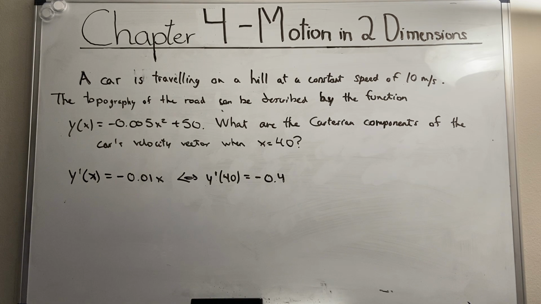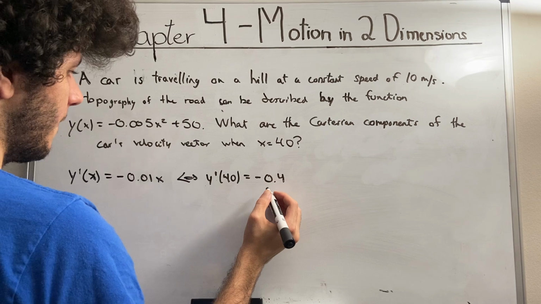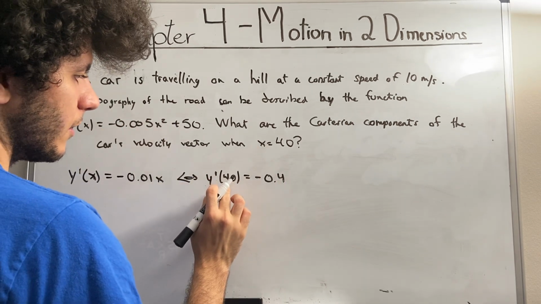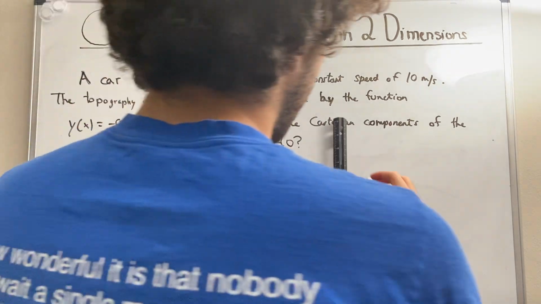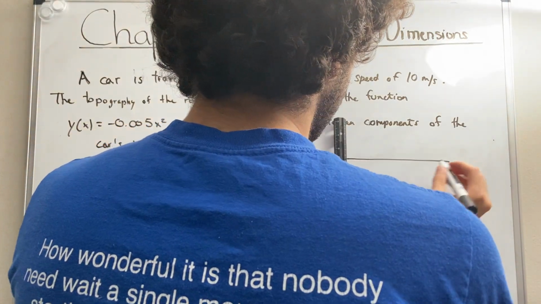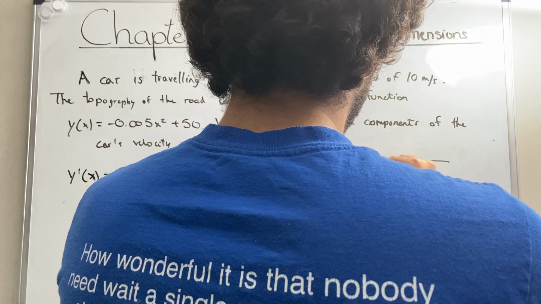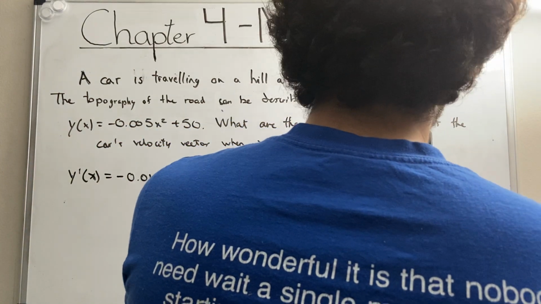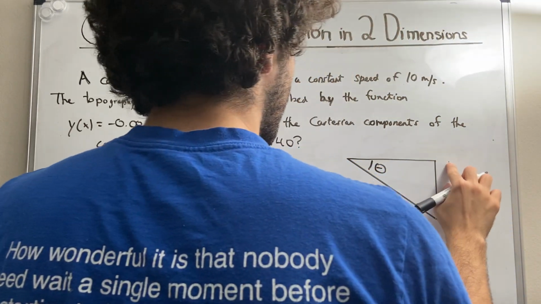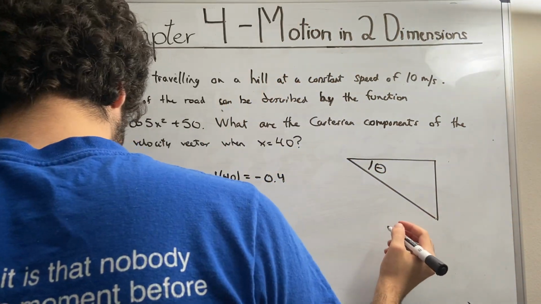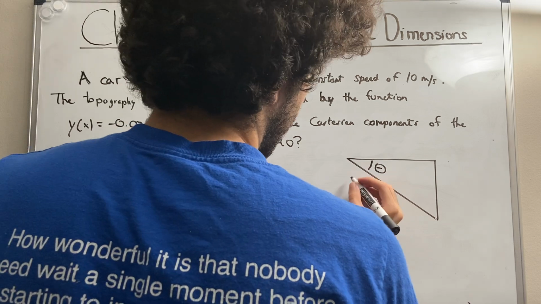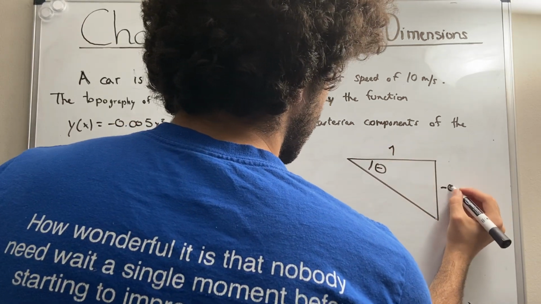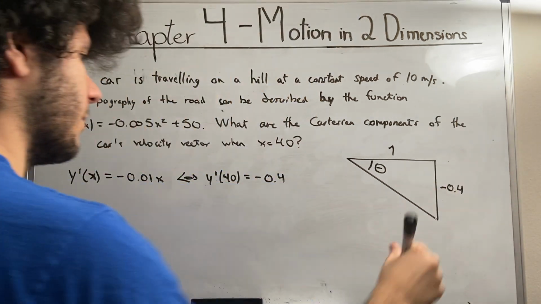We basically have the slope of the topography at x equals 40, right? So basically what we have is an angle over here, and because it's negative 0.4, we know that for every 1 unit in this direction, we have negative 0.4 in this direction.